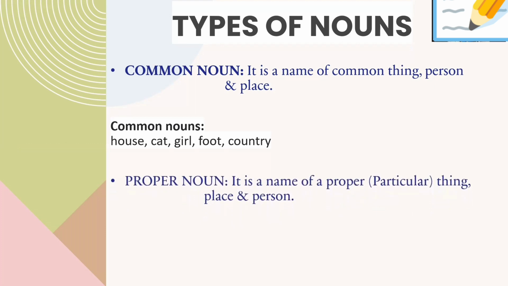These are the examples of common nouns. And then proper noun. It is a name of a particular thing, place, or person. For example, Spain, Karachi, Sony, Ayas. These names are particular names, or we can say these are proper names.